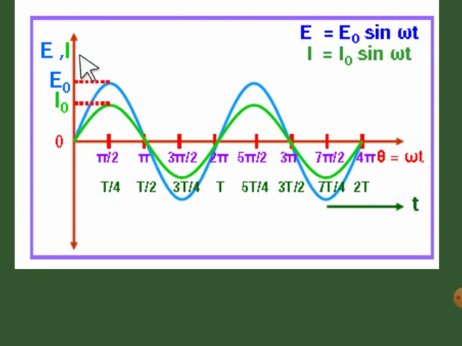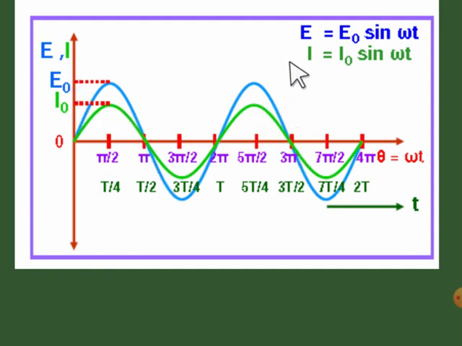Along the y-axis we draw either instantaneous EMF or instantaneous AC current. The instantaneous EMF will be drawn in blue and the instantaneous current in green.